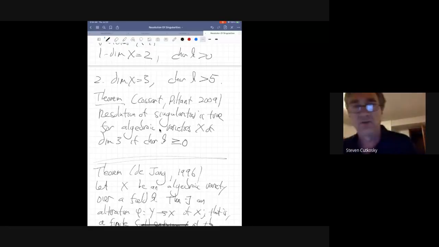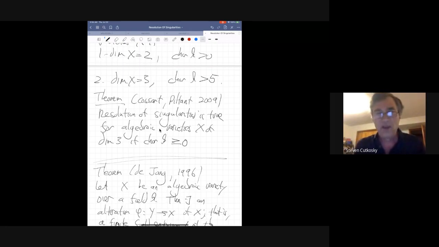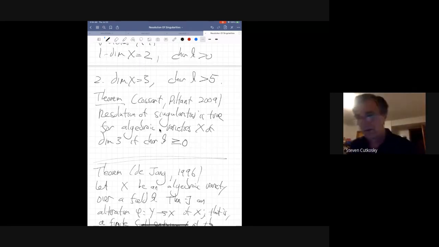But even then, there's an important invariant in it, which was really an invariant that he introduced for surfaces, which behaves pretty badly for surfaces. It's much worse for threefolds. And when you go into higher dimensions, it's so bad one doesn't even know what to do with it, which is sort of why you're seeing this threshold of 3 here.